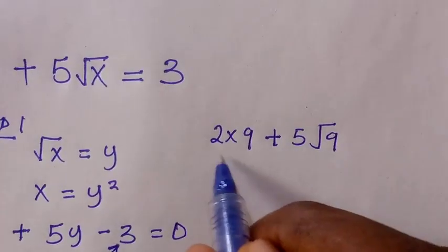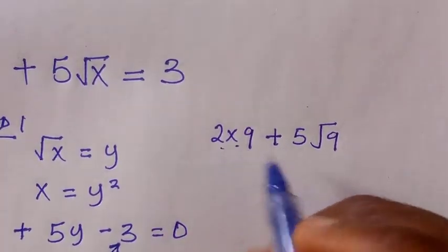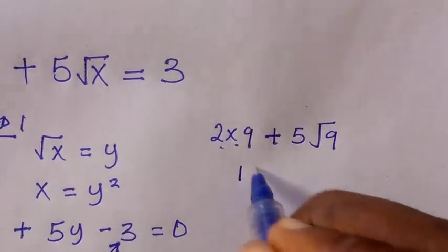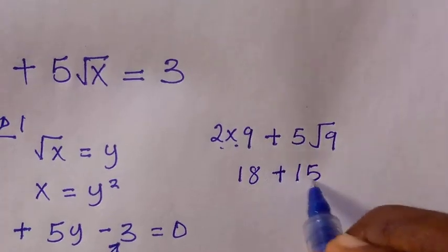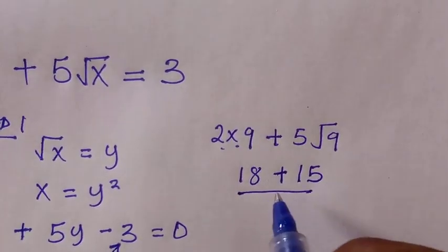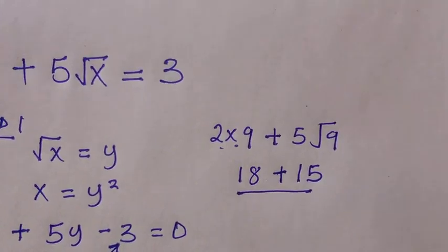Obviously this is not equal to 3, because 2 multiplied by 9 equals 18, plus 5 multiplied by 3, that is 15. The addition of this is not 3, which means x equals 9 does not satisfy this. This is how to solve this problem.